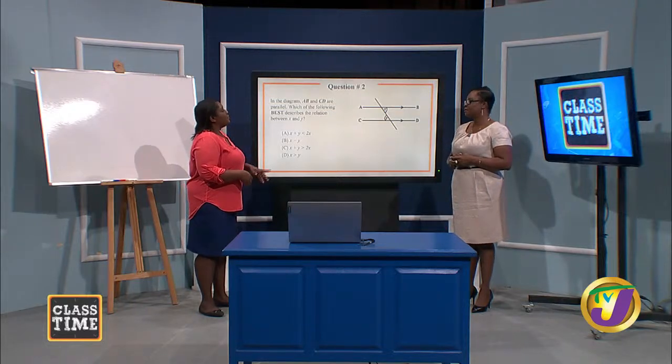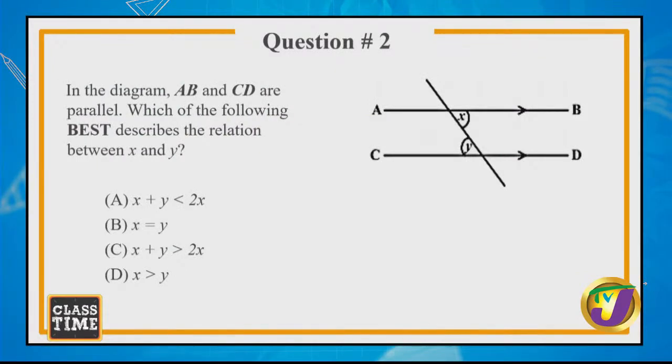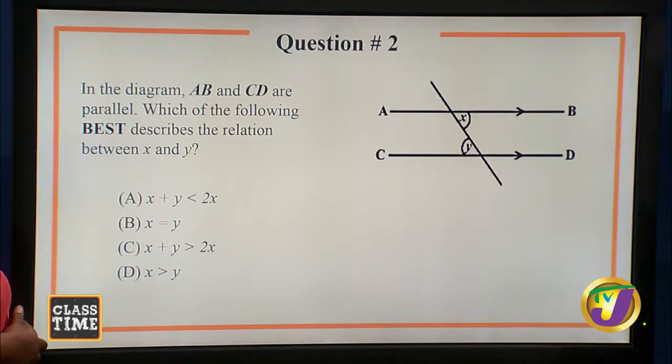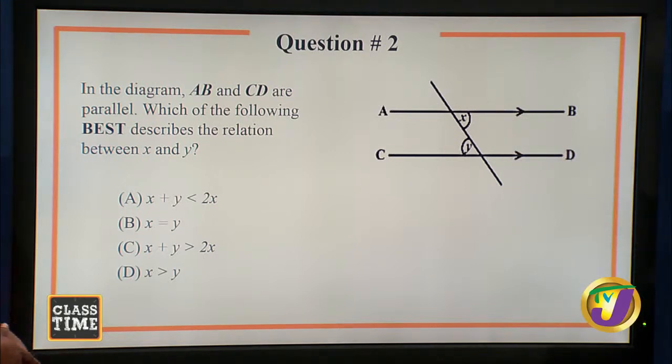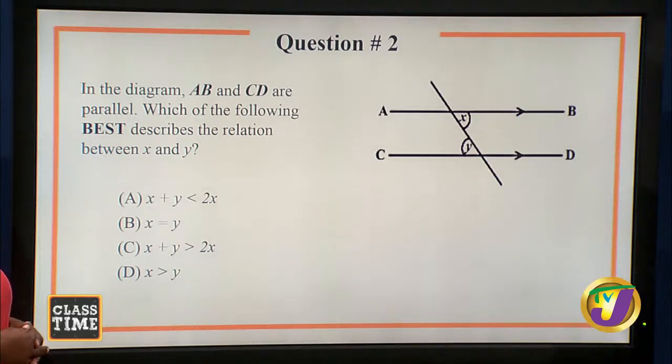Let's examine the diagram carefully. We identify the parallel lines AB and CD, intersected by a transversal, and we can see the angles X and Y being formed there.